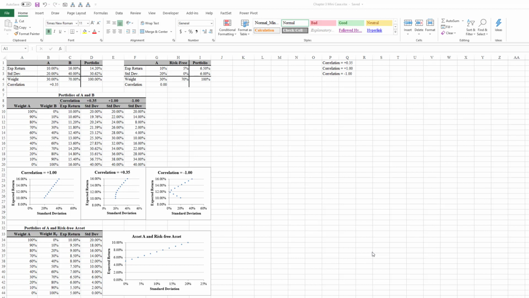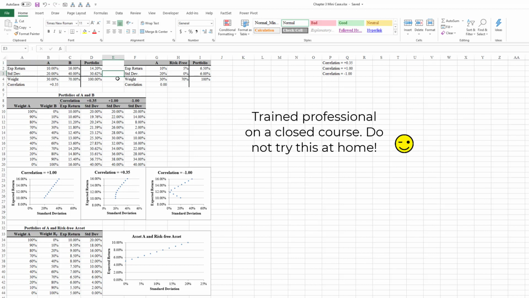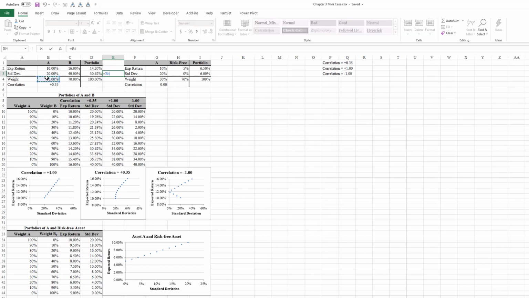And so with this particular set of weights and correlation, our portfolio has a standard deviation kind of right in between the two. However, notice that we have 70% of the portfolio in investment B. So if we were to calculate a standard deviation as a weighted average, do not do this, right? I'm just showing this as an example, but if we did, we would say 0.3 times 20% plus 0.7 times 40%.